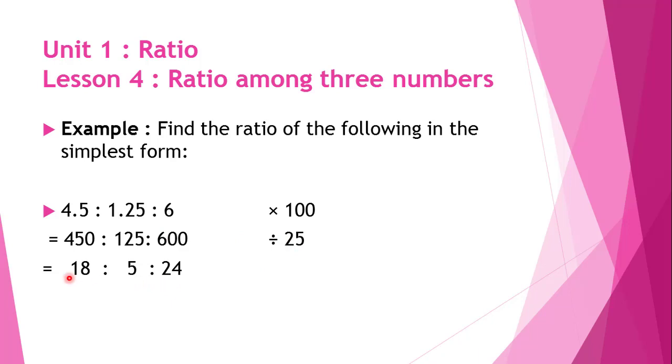Do we have any common factor between 18, 5, and 24? No, we don't have. There is no common factor between the three numbers, so this is the simplest form.